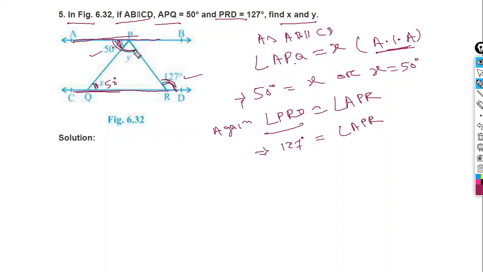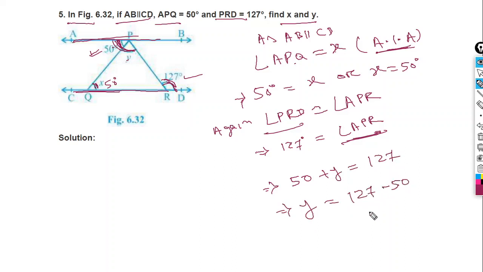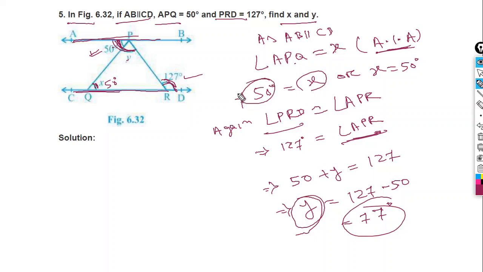Now angle APR is equal to 50 degrees plus y. So 50 plus y equals 127, which implies y equals 127 minus 50, so it will be 77 degrees. We found the value of y as 77 degrees, and we already found x as 50 degrees. Now we have found x and y.